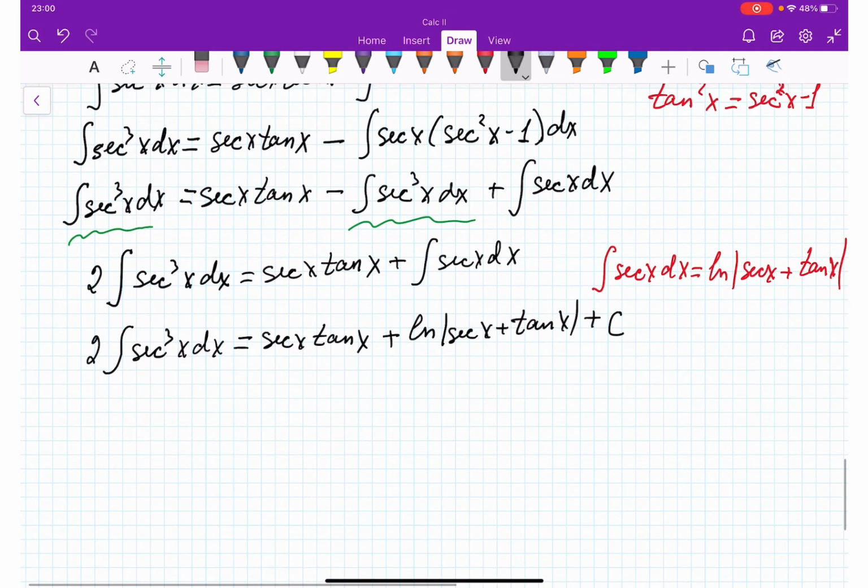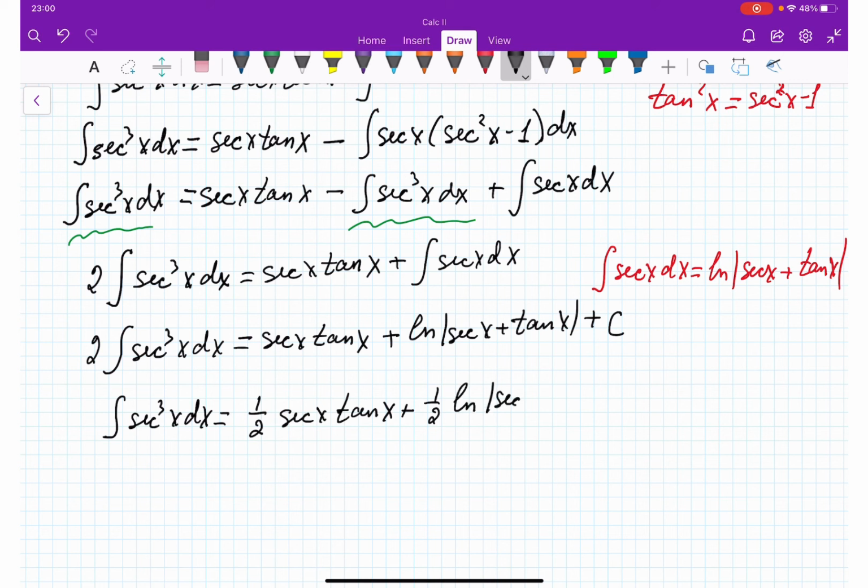So from here, integral secant cube x dx is equal to 1/2 secant x tangent x plus 1/2, dividing by 2, natural log of secant x plus tangent x, plus c. Okay, and we have the solution, and this is our answer.